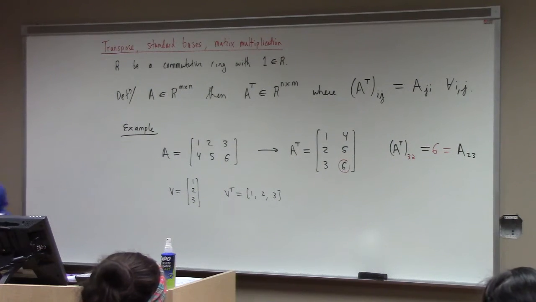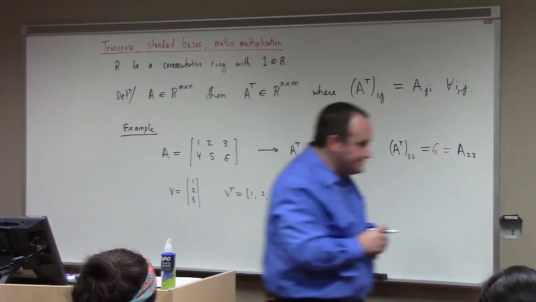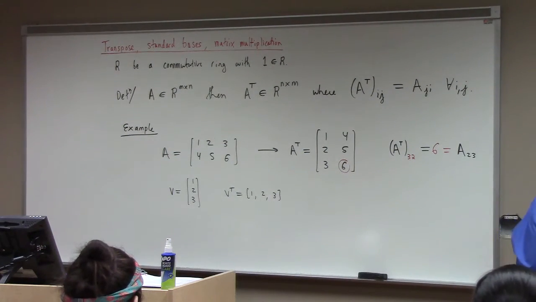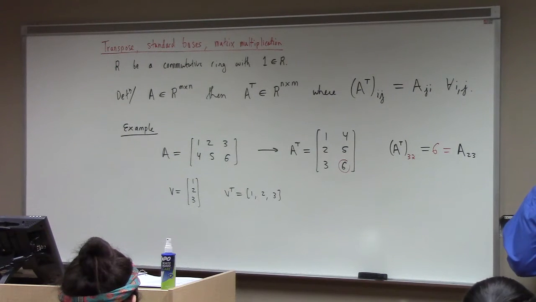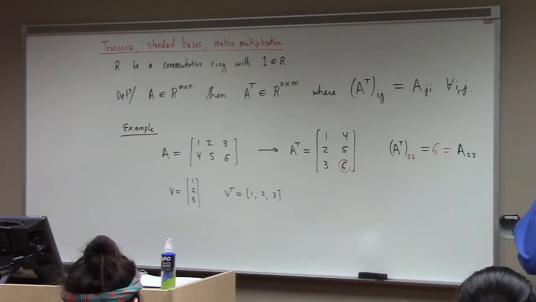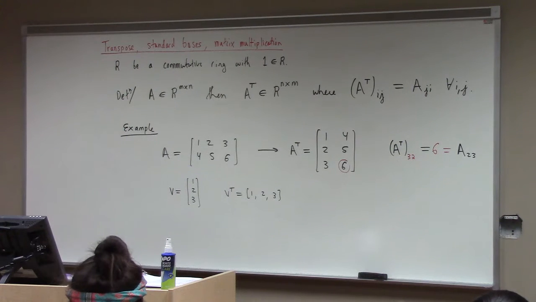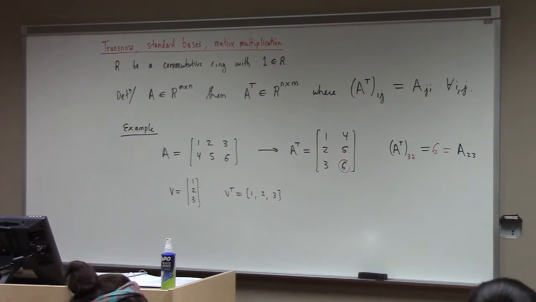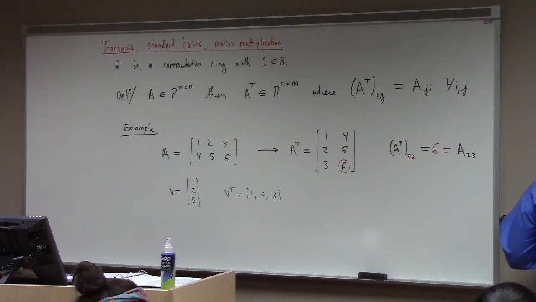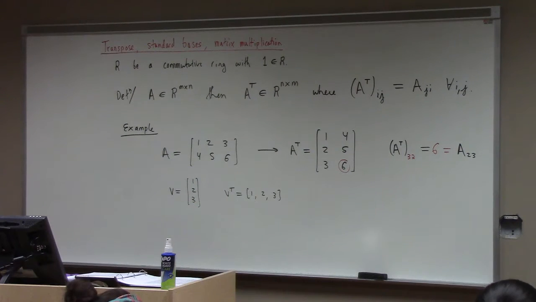Okay. What are the properties of transpose? If we have A and B in n by n matrices, and if C is a scalar, then (A plus B) transpose is equal to A transpose plus B transpose.